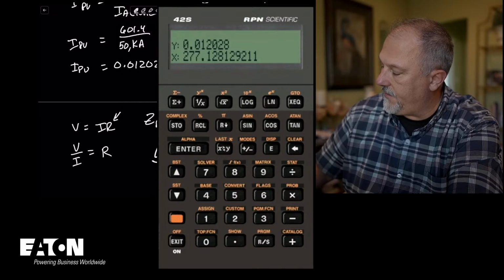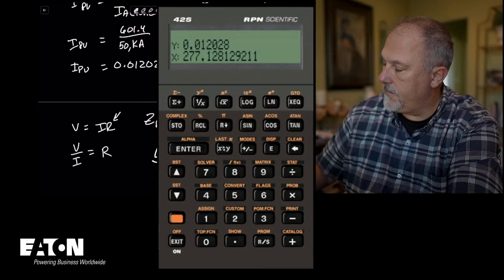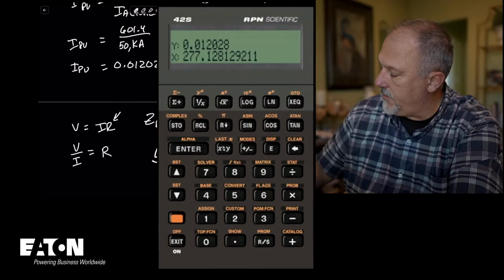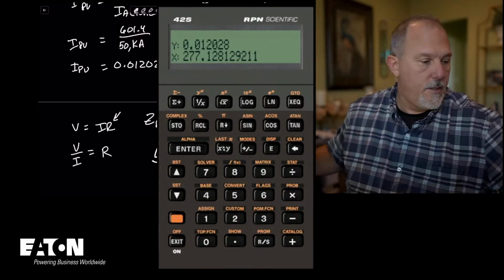Divide that by 50 kA. That gets me my 0.012028. So, makes sense? That makes sense to me. Oops. 50 kA.